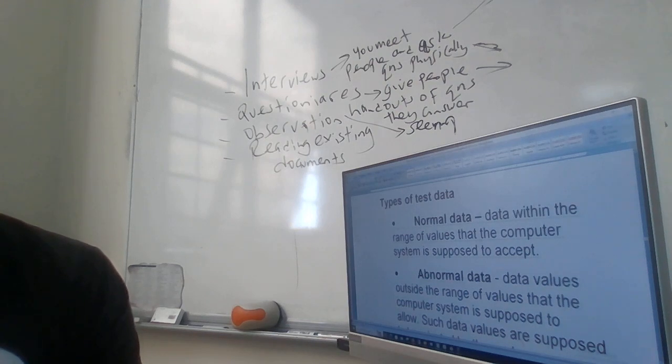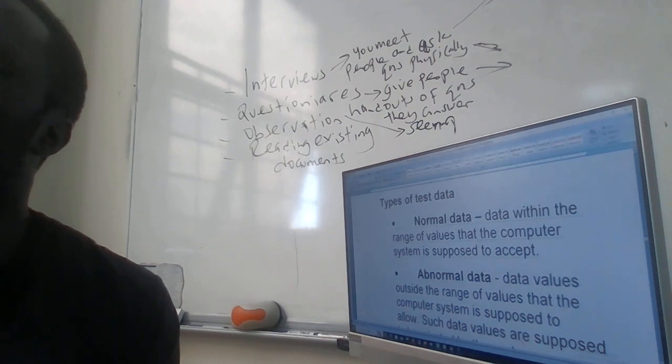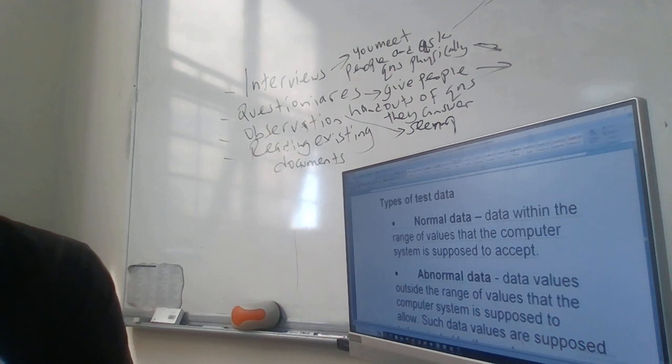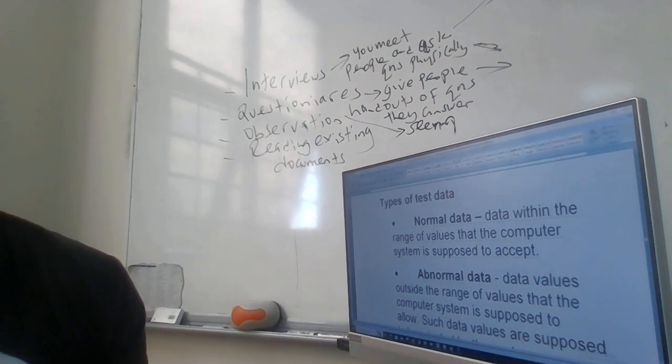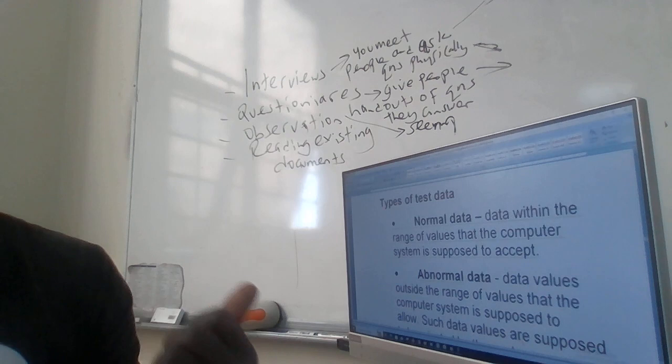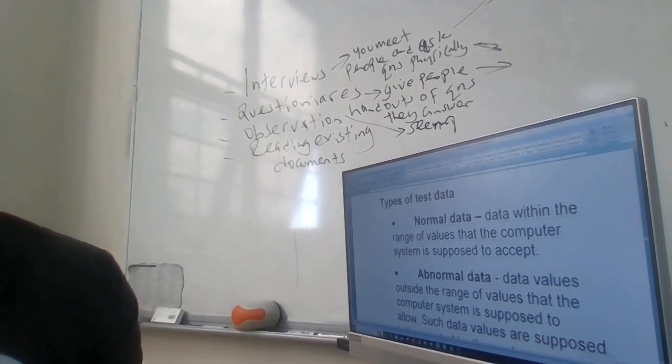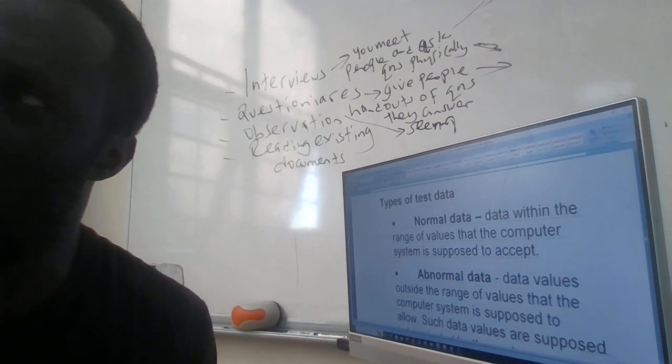For example, if you have a program which receives students' marks, like Cambridge, the marks are supposed to lie in the range of 0 to 100. If I type negative marks, the program is not supposed to allow that. So negative marks become abnormal data because they're outside the range of 0 and 100.